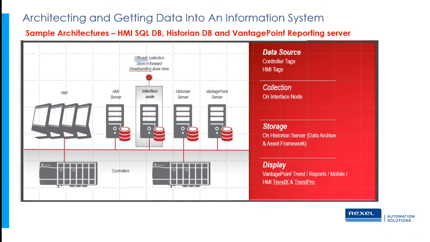Here's a little bit more complex architecture. Again, we're showing separate boxes, but this could be one virtualized, multi-core server with virtual templates on it. We're showing an HMI server, a Historian server, and a Vantage Point server. The one thing I glossed over earlier was this interface node for Historian.